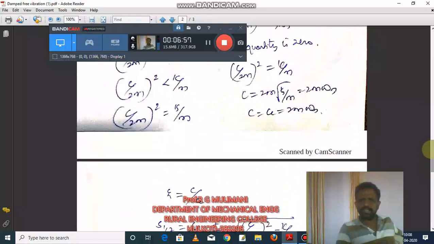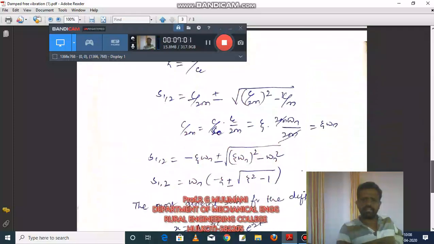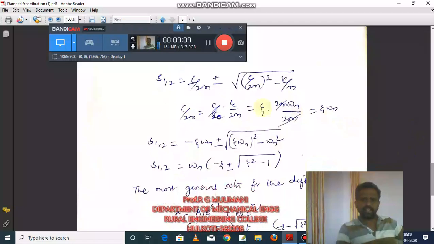So this c by 2m is nothing but zeta omega n. Substituting this value of c, we get zeta omega n. K by m is nothing but omega n square. Omega n is common in all the terms, so it is taken outside. So this gives the roots of the equation.